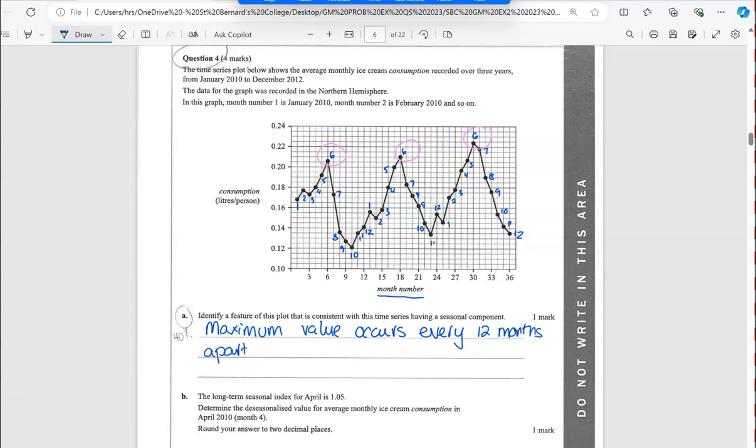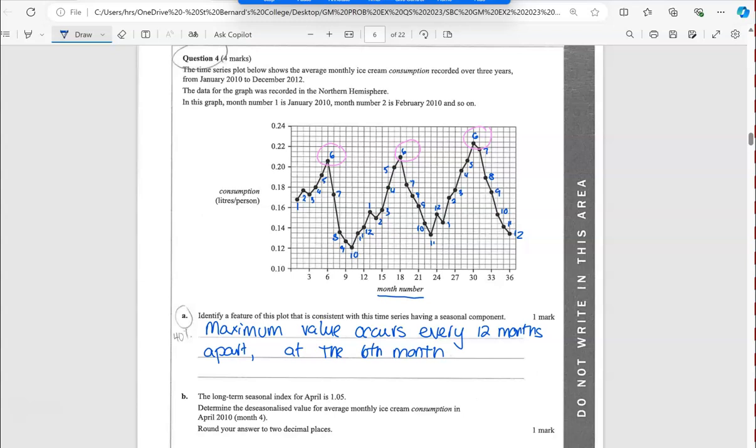But they're actually 12 months apart, aren't they? If you said that was June, every June it's peaking. That's how you explain the seasonality.